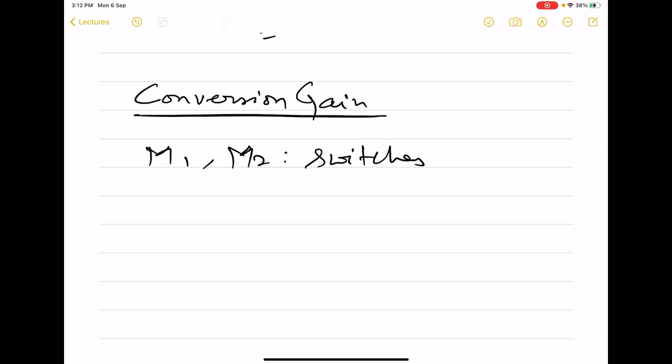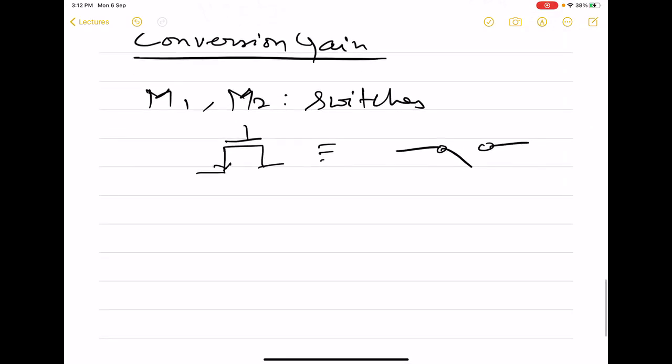So ideally, we have been taking MOS like an ideal switch. So this is how we have been using up till now, but we are going to include the parasitics.